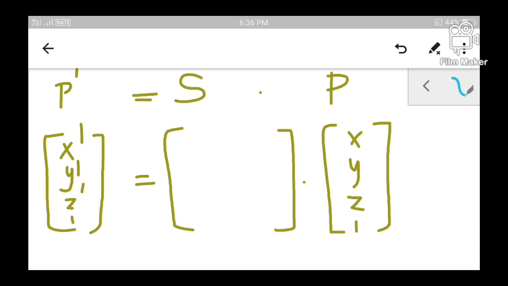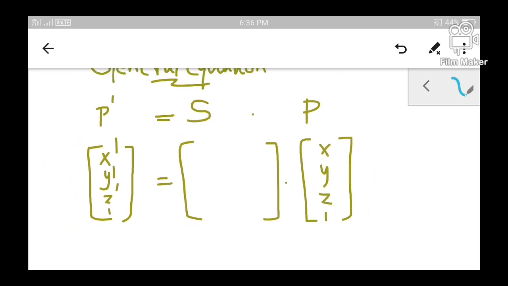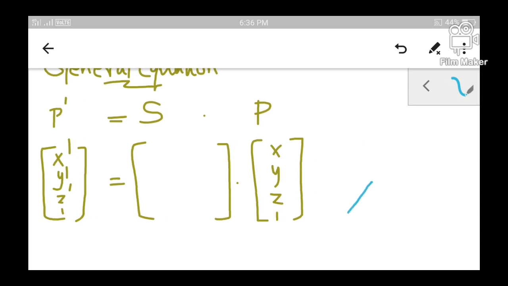So the first equation which I need is X dash equal to X into Sx. This is the first equation that I want. That means to get the value of X dash, X should be multiplied to Sx. So this is the space for the first row. X should be multiplied to Sx. So the first value is Sx.